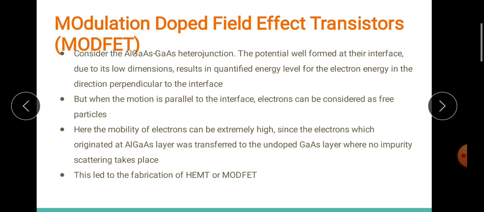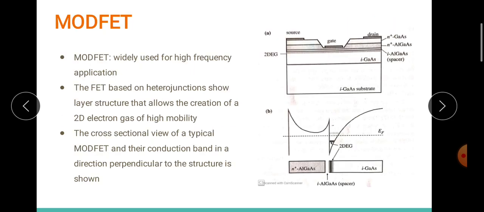Now, how does it become a field effect transistor? Because they are in fact controlled by the electric field that controls the motion of the electrons along the channel. So, modulation doping of aluminum gallium arsenide and gallium arsenide, and controlled by electric field, which gives them the name modulation doped field effect transistors, the MODFET. And also because of the high electron mobility, they also got the name HEMT. Now, these MODFETs were used for extremely high frequency applications.